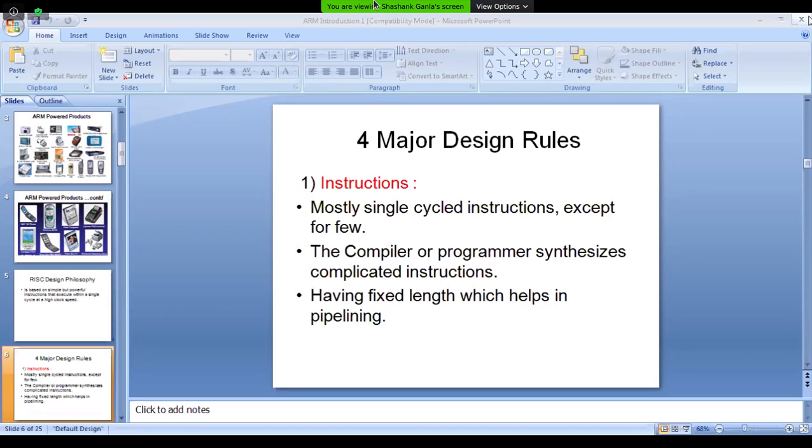Yes, people, I have explained the first slide, which talks about the four major design rules of RISC architecture. In it, I have tried to explain the importance of the instructions related design rule. Is it understood? Please let me know, or you can ask your questions.